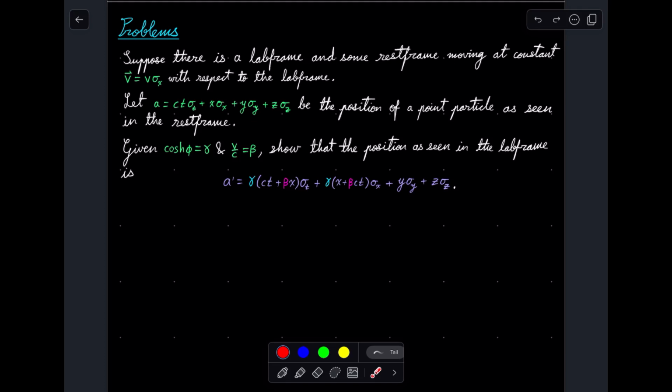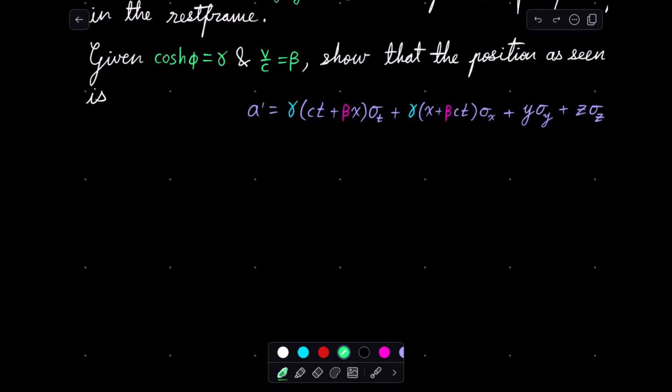So the first thing to know is that this is moving in only one constant direction, and it's a point particle. There is no rotational motion involved. So given a Lorentz transformation or a Lorentz rotor, which generally has a hyperbolic component and a rotational component, in this there's no rotational component, so we're just dealing with a Lorentz boost.